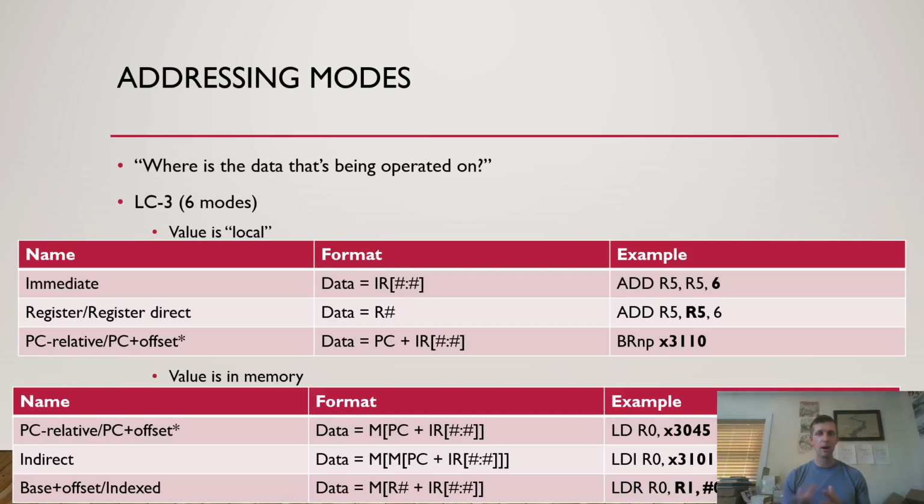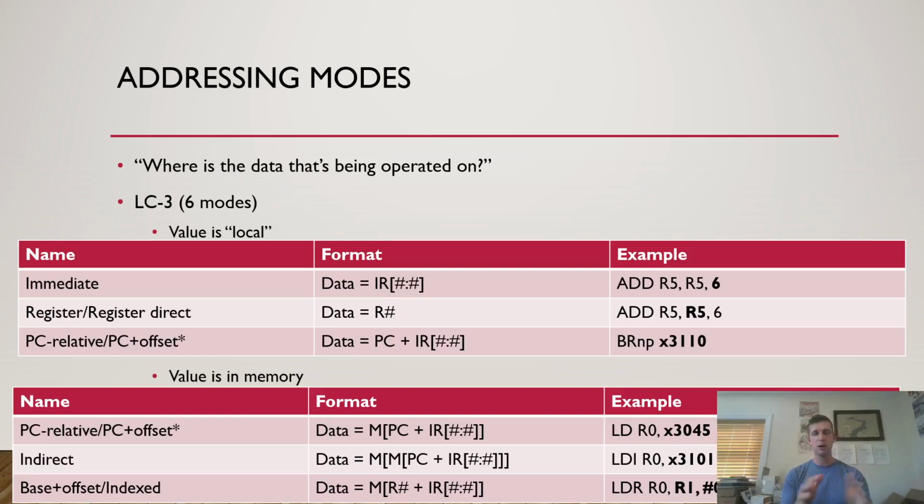There are about as many addressing modes as you can think of, because there are so many different ways. If you look at the format column, there are so many different ways we could shift and add or combine values in the instruction register versus values in our register file to get at values in memory that would give different computers different capabilities.